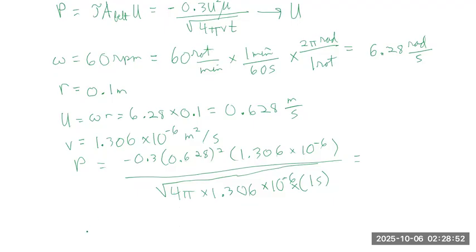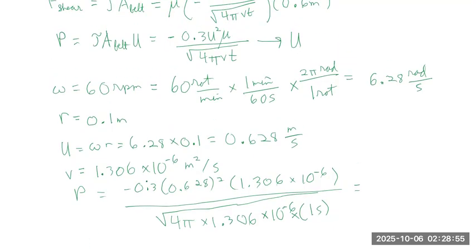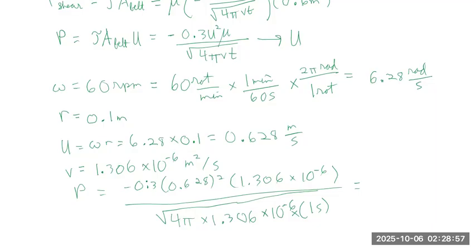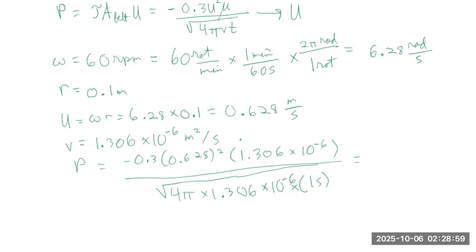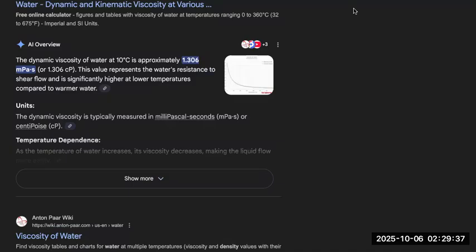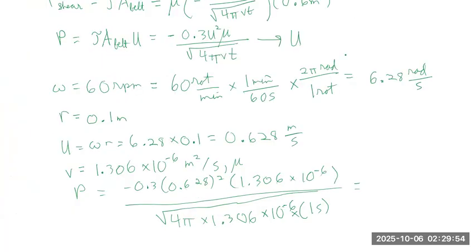And we're also going to need the dynamic viscosity of water. So the dynamic viscosity of water at 10 degrees Celsius is approximately 1.306 millipascal seconds. So 1.306 times 10 to the negative 3 pascal second.